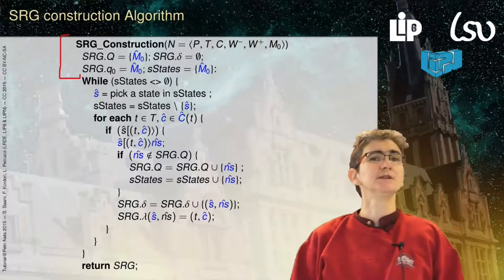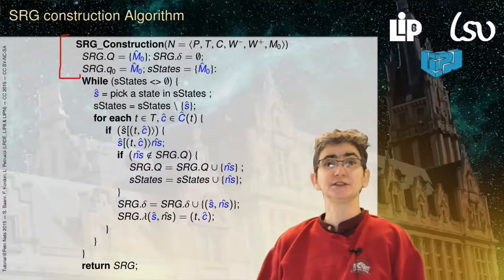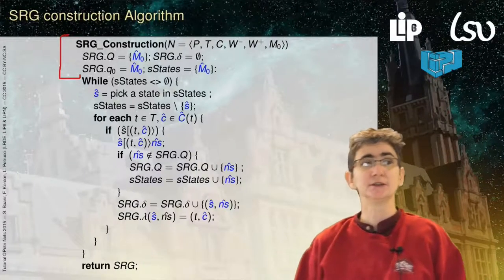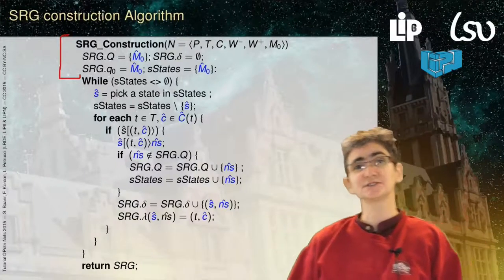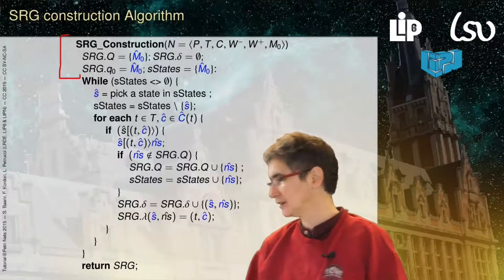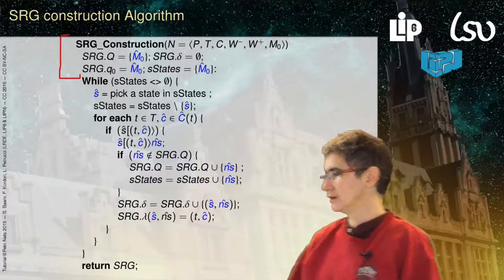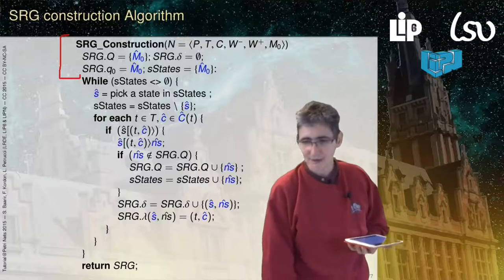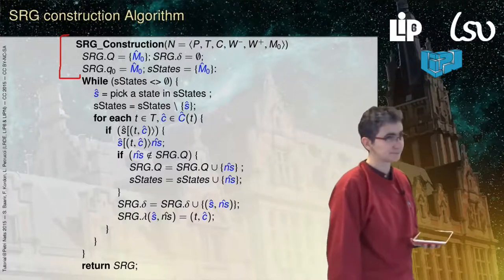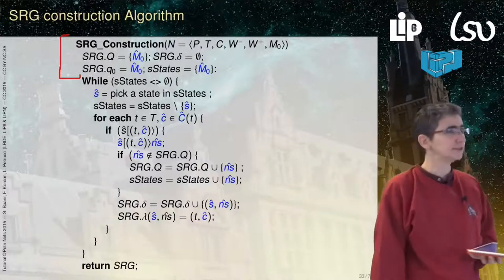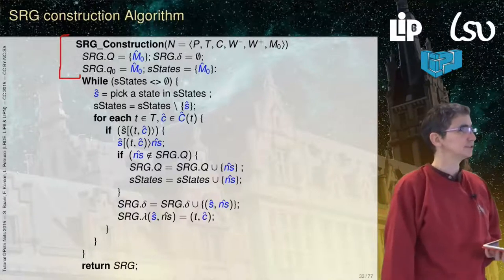So instead of adding the initial marking, you add the representative of its class, the initial marking class, M0 hat. There is no arc, and that is the only symbolic state to be processed.